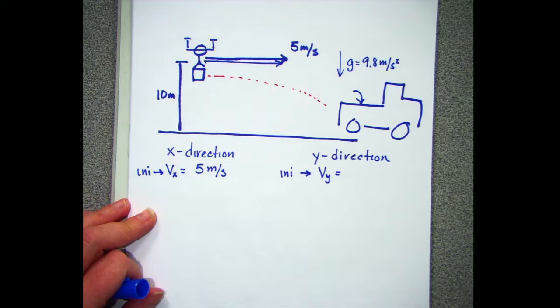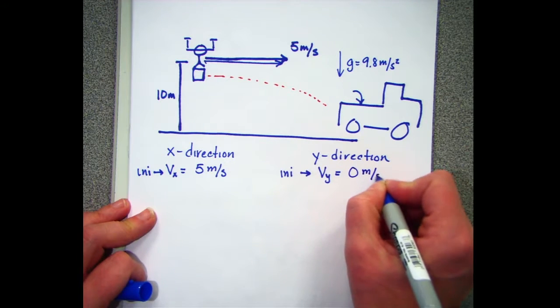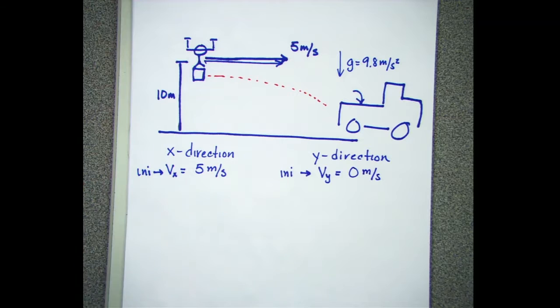How many think it's 5 meters per second? I've got some hesitation. You guys over in Enid, how many think it's 5 meters per second? Oh, I got shaking of heads. How many think it's 0 meters per second? Yeah, that's right. It's 0 meters per second, because there's no velocity in the y direction initially.